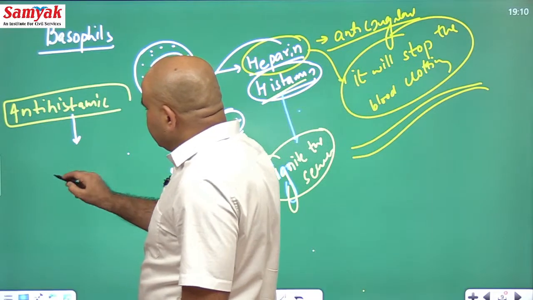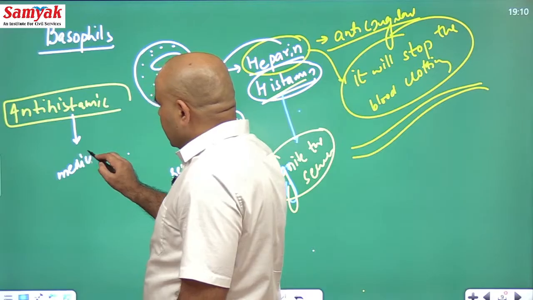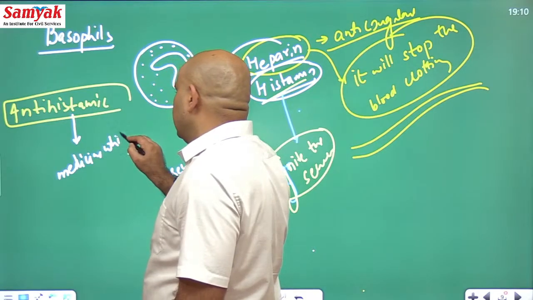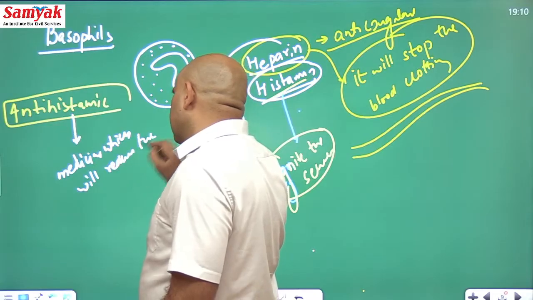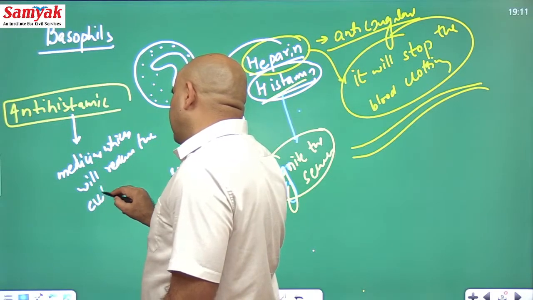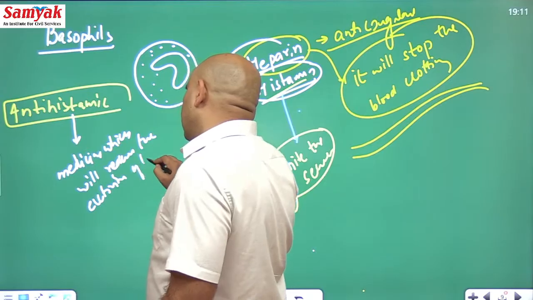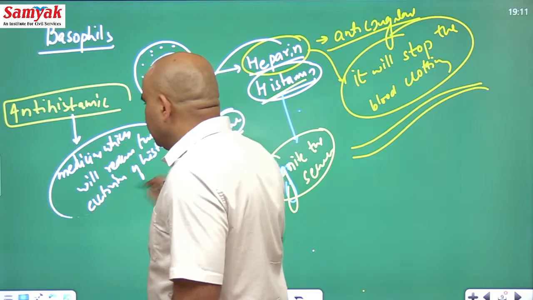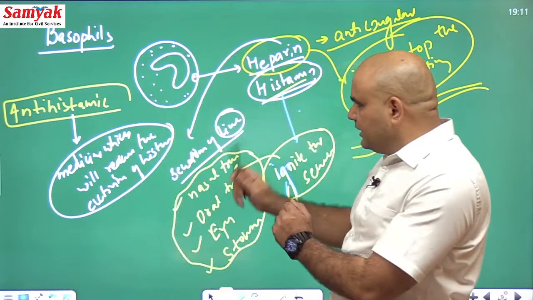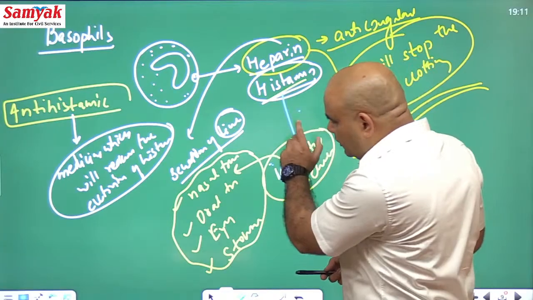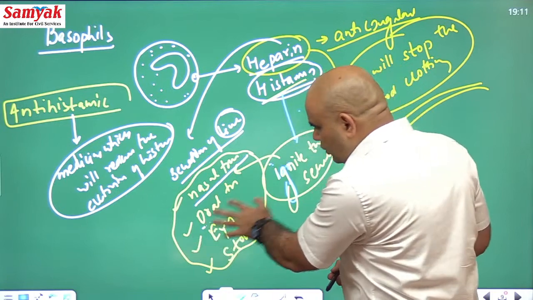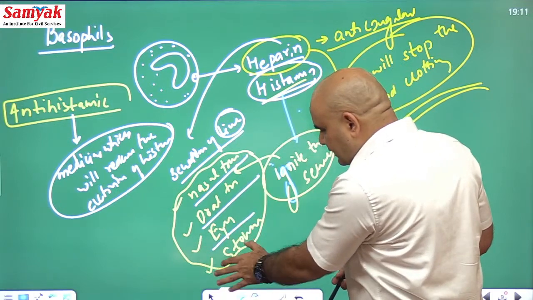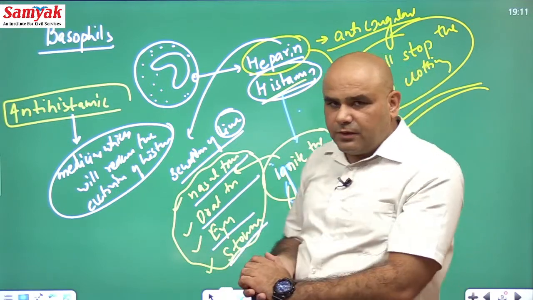Antihistaminics are medicines which reduce the activities of histamine. So what are the activities triggered by a higher level of histamine? First is nasal secretions, oral secretions, eye secretions, or secretions from your stomach.